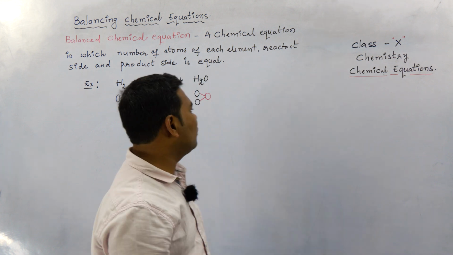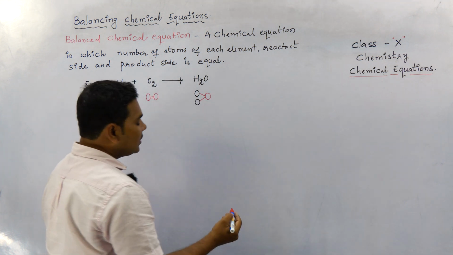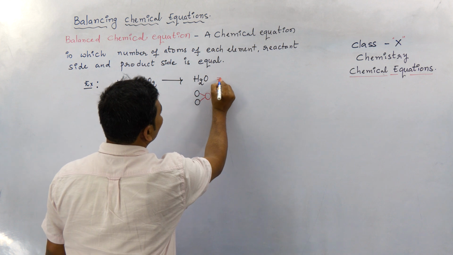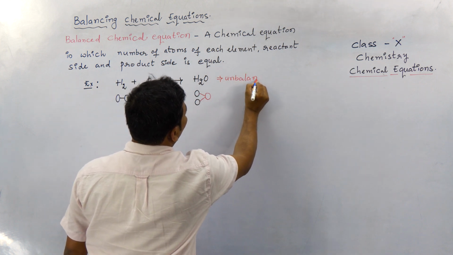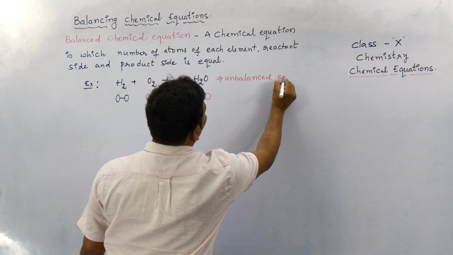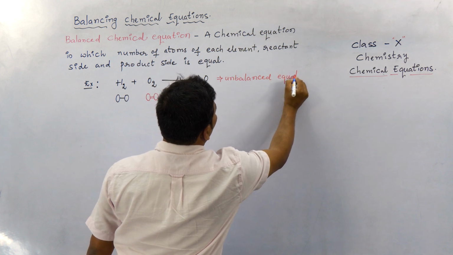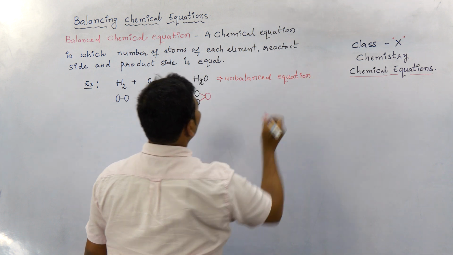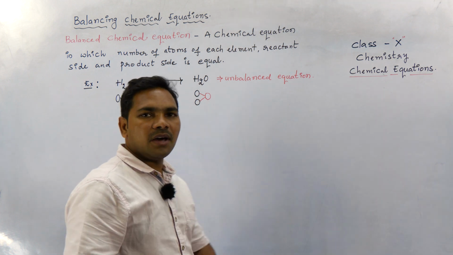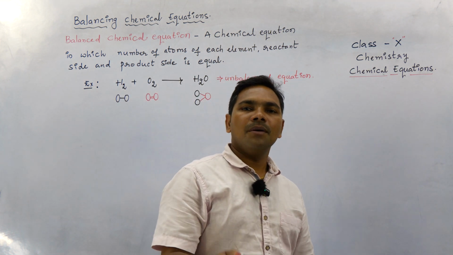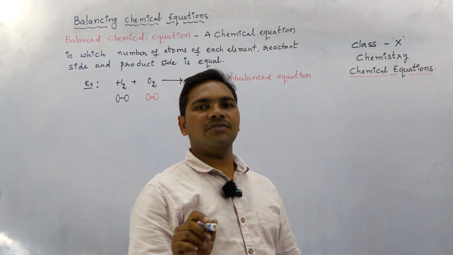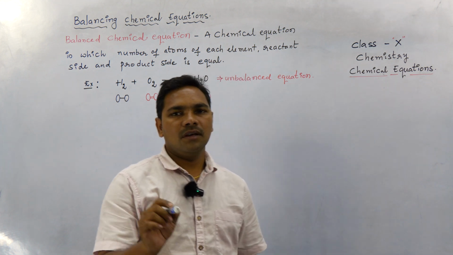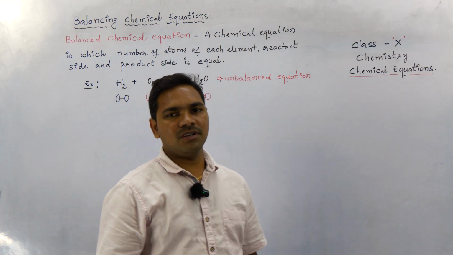Since they are not equal, what do we say? We consider this equation an unbalanced equation. So this unbalanced equation we have to balance in order to obey the law of conservation of mass proposed by Antoine Lavoisier.